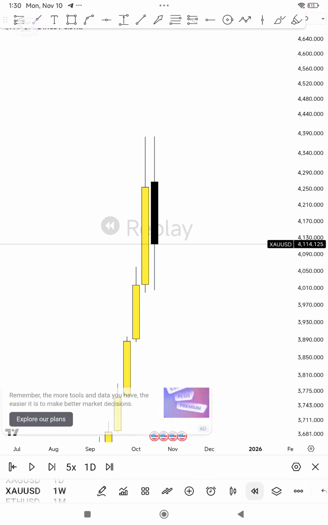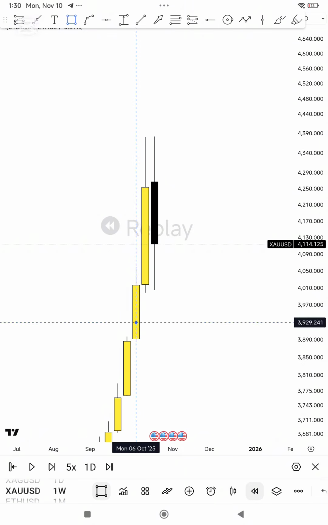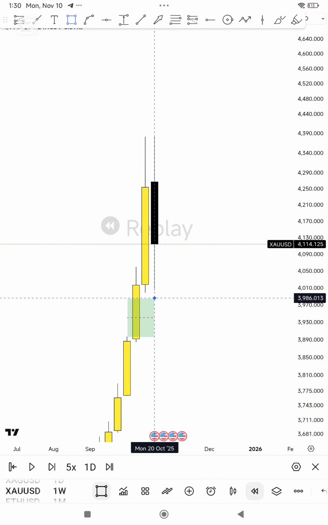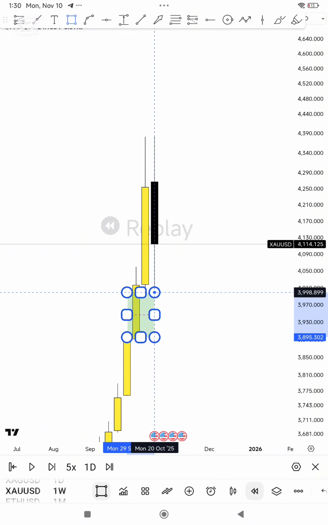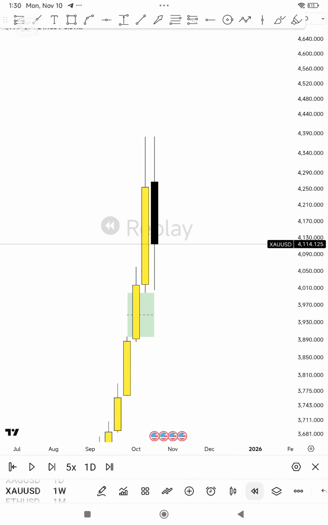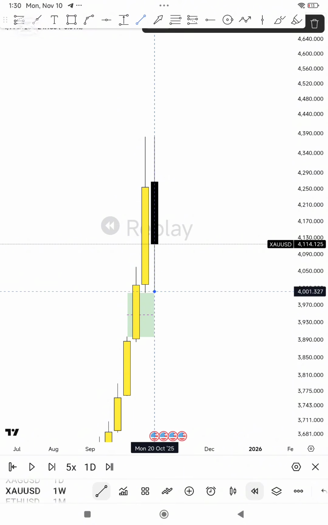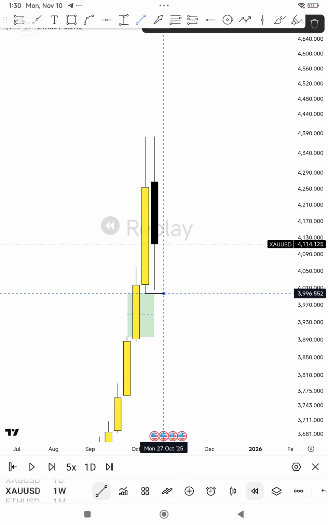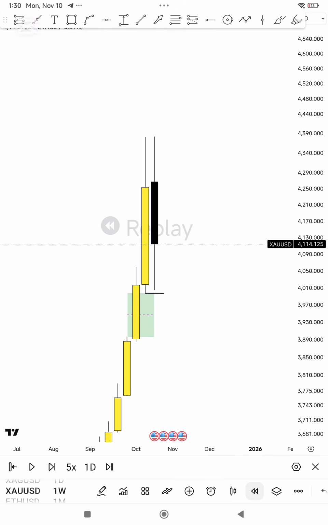So if you spot this FVG, this fair value gap, this key level, and the resting liquidity of these two candles, right of this candle and the candle after this, then congrats, you are on the right track.